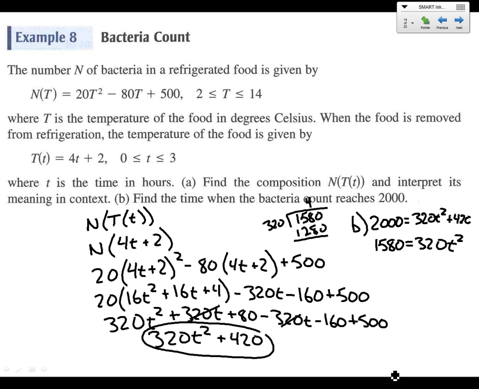So I'm left with a 300. In the interest of time, I'm pulling out my calculator and seeing what we get here.